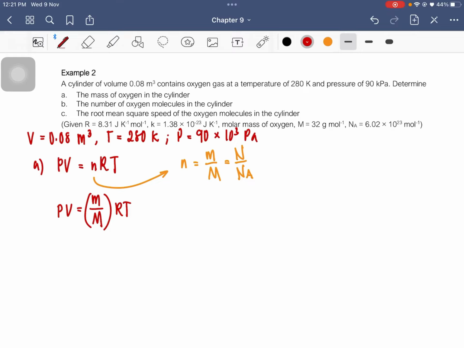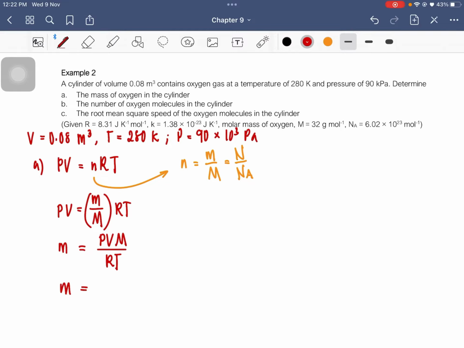So if you want to put m, O pun tiada masalah, just to tell you that is the mass of the oxygen, but it's not really needed here because there's only one gas yang we are talking about. Okay, so sekarang ni kita rearrange to get for m lah. So bila kita do it for mass of the gas, this is gonna be PVM over RT.